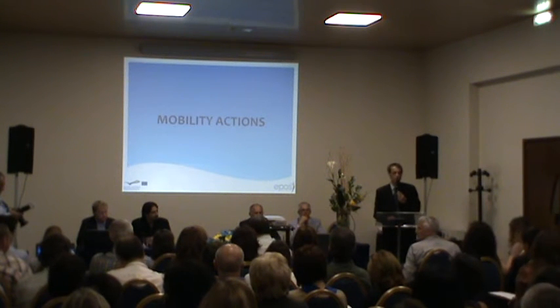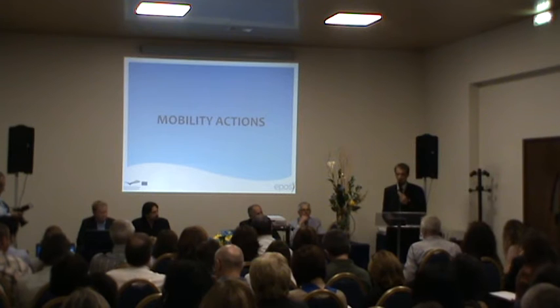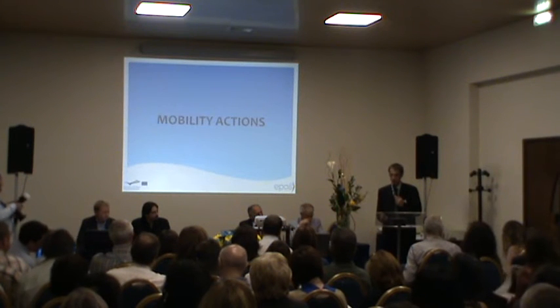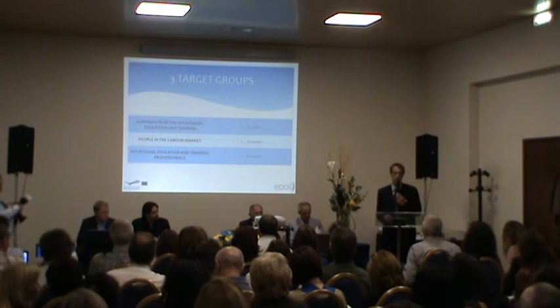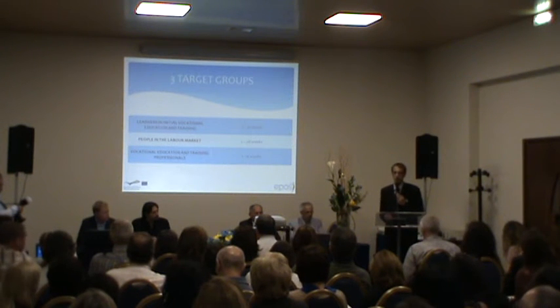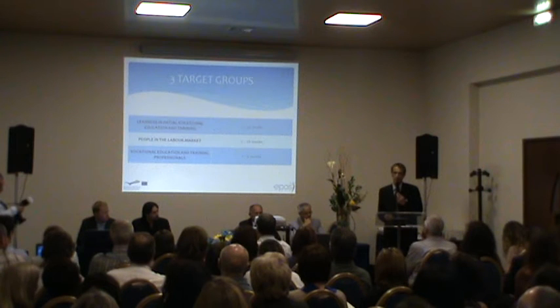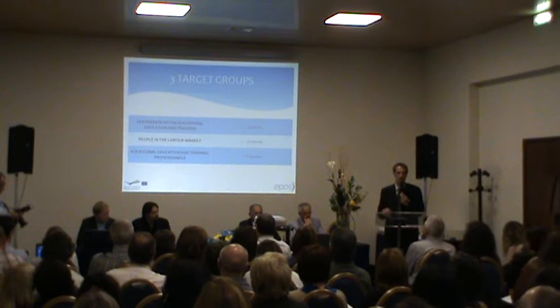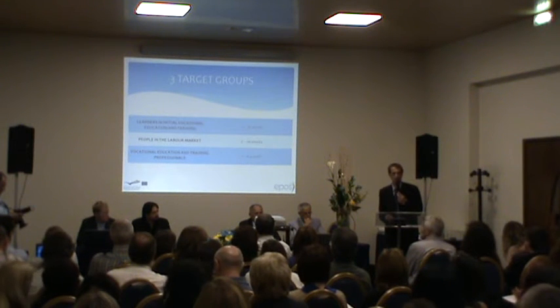A short introduction to the different actions then. First of all, you have the mobility actions, and we have 3 target groups. It's according to the level of education that the target groups are organized in the program.